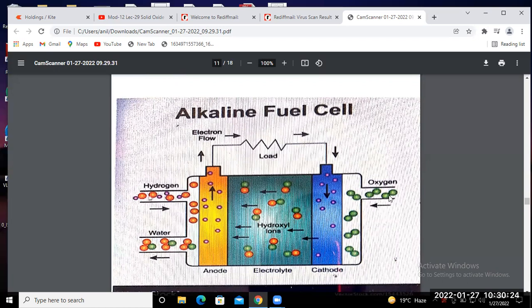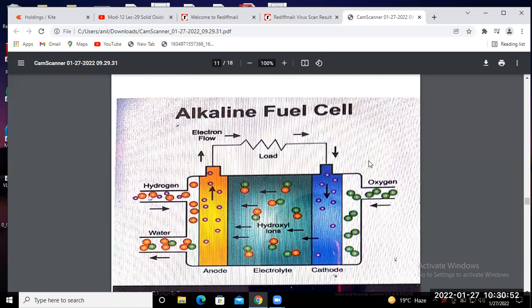From this path, this one is representing O2, that means oxygen. Through the red one you may find the input of hydrogen, and after the reaction it will make the water, which is taken out from this path, and electrons. So electrons flow from the anode to the cathode, and current flows from the cathode to anode.